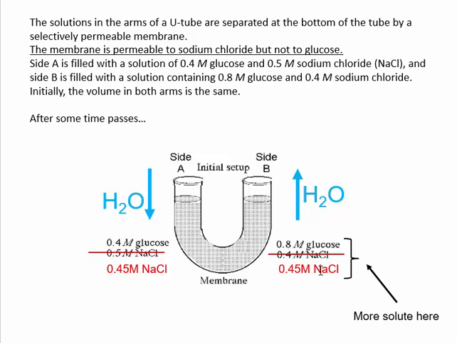And so what's going to happen then is water will move down its own concentration gradient from left to right, and that will cause the water level inside B to increase and basically dilute this glucose. So over time, this will become more dilute, and so this concentration will increase. This one will decrease because you're changing the volume on either side, and so that's going to change the concentration of glucose.